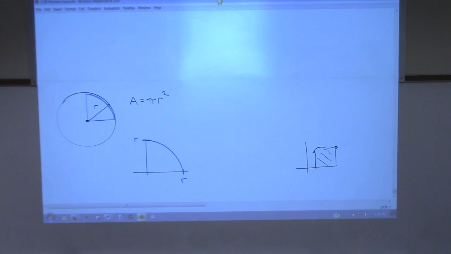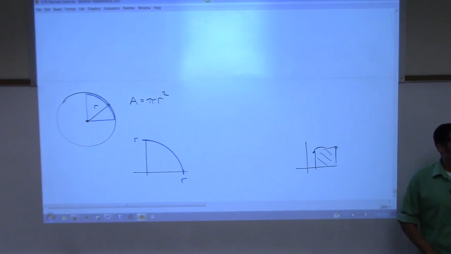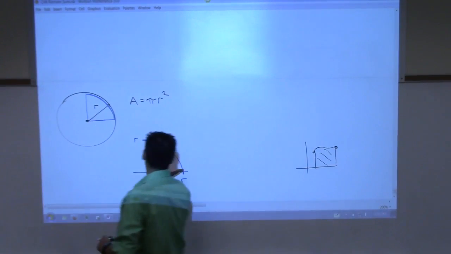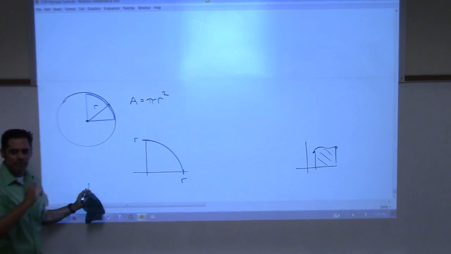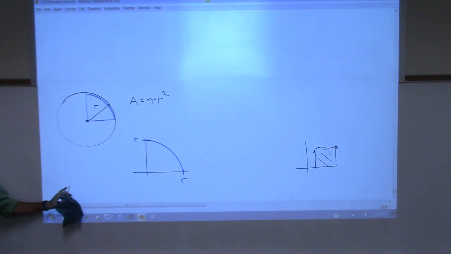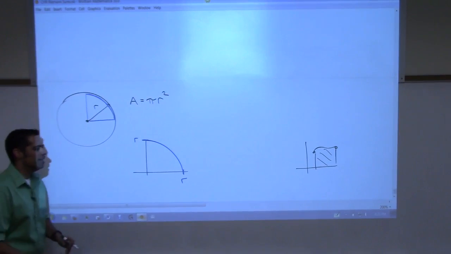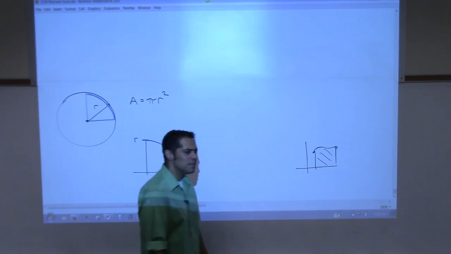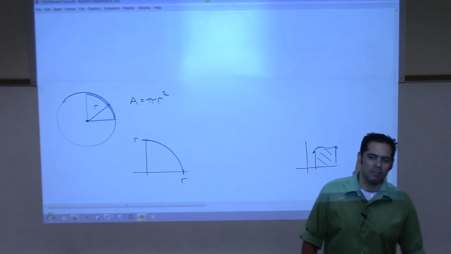Do you have any other valuable information about circles that I should know? 360 degrees, yeah. Pi, that would be from 0 to, this would be 0 to pi, I agree with that. Any other information? Any equations involved that you might know about circles?